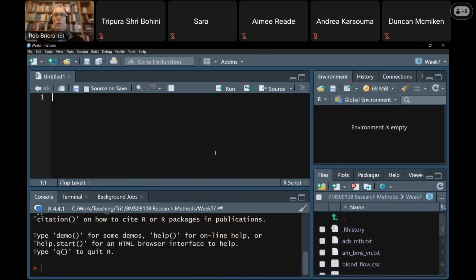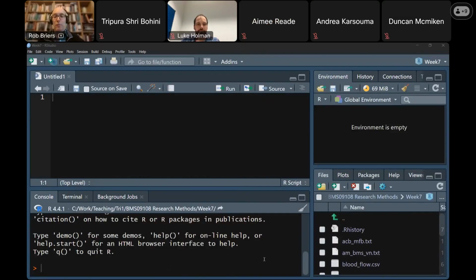That's our response: the blood flow through the cerebral area and how that responds to three things. Initially we'll look at just one predictor, but then we'll look at several different predictors, and those are all continuous.